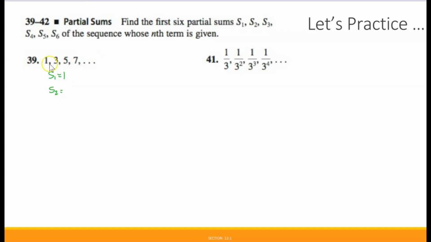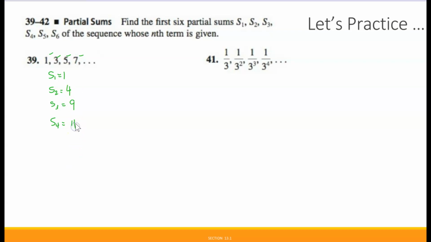S2 would be adding these 2 terms, 1 plus 3, that would give us 4. S3 would be adding up the first 3 terms, 1 plus 3 is 4, plus 5 would give us 9. S4, we would be adding up the 4 terms, so we'd have 1 plus 3, which is 4, plus 5 is 9. 9 and 7 would give us 16.